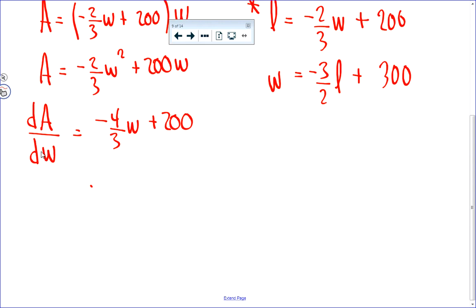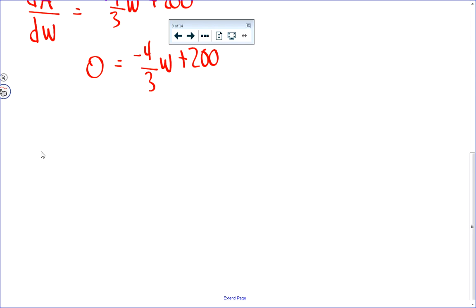So if I set this derivative equal to 0, I get negative 4/3 W plus 200. I can multiply both sides by 3 and get 0 equals negative 4W plus 600.